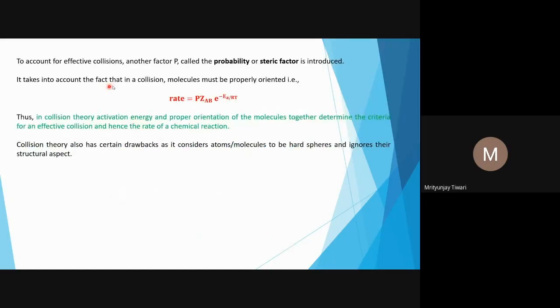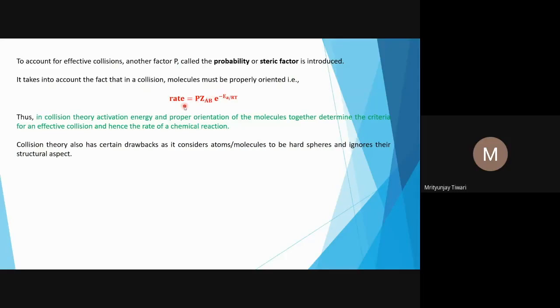To account for effective collisions, another factor P, which is called the probability or the steric factor, is introduced. Since a very small fraction of total collisions is effective, this term P takes into account the fact that in collisions molecules must be properly oriented.